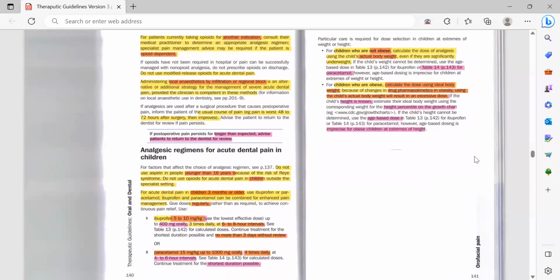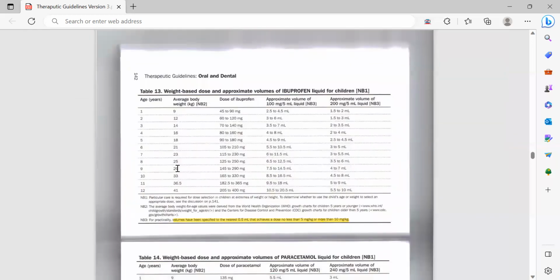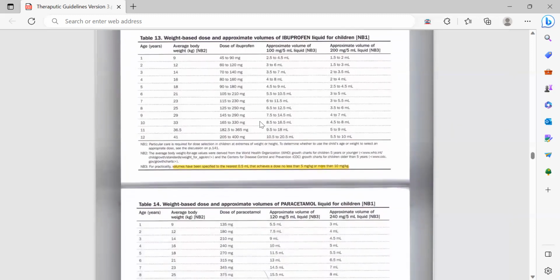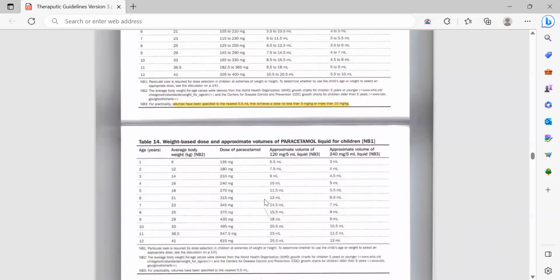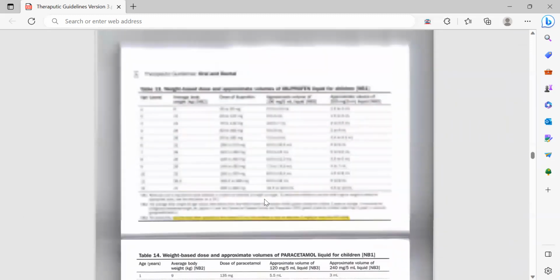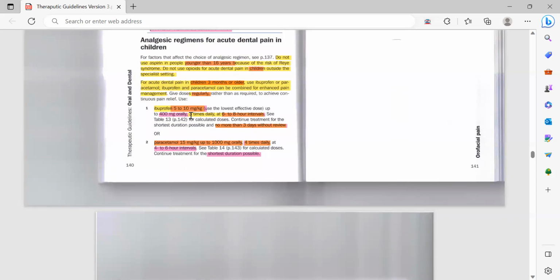Firstly they consider the weight, and secondly if the weight is high, then they also consider the age based doses as well. So this is the table which is given here, that they have calculated the dose according to the kg, and this is not very important from the exam point of view, but you need to understand these values.